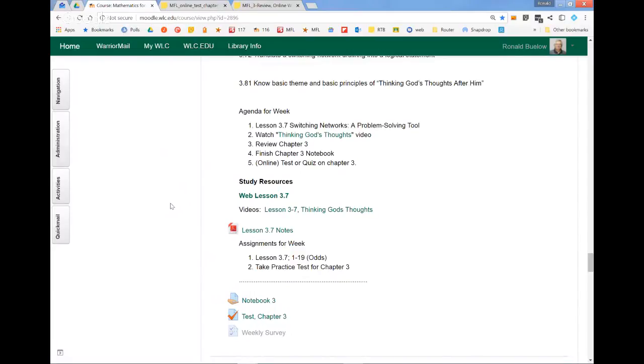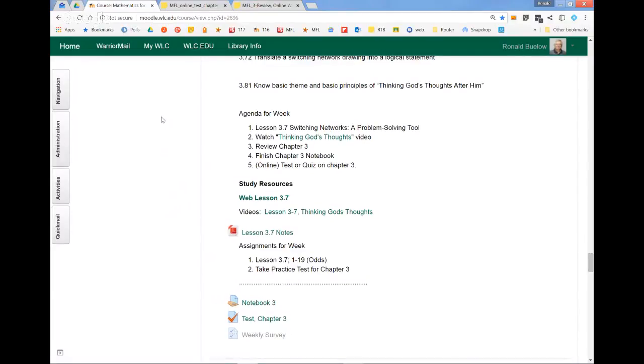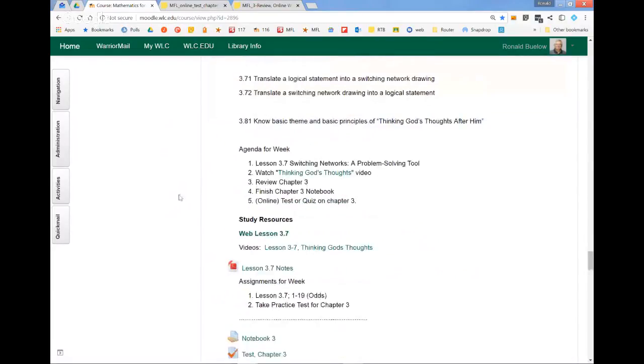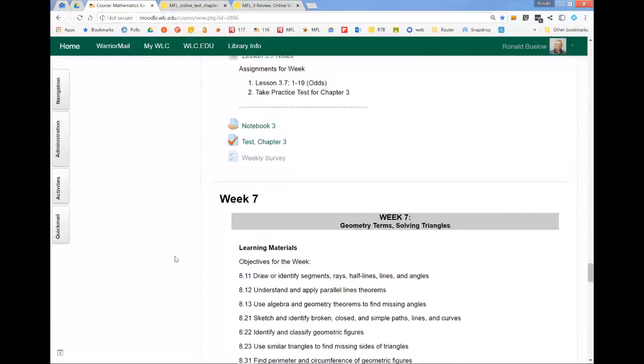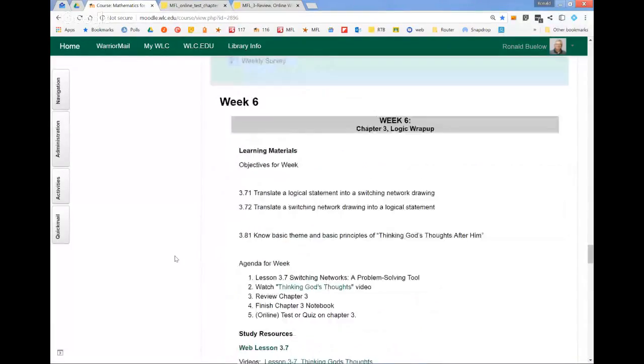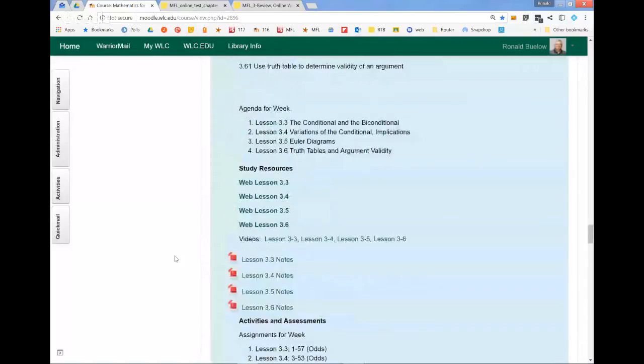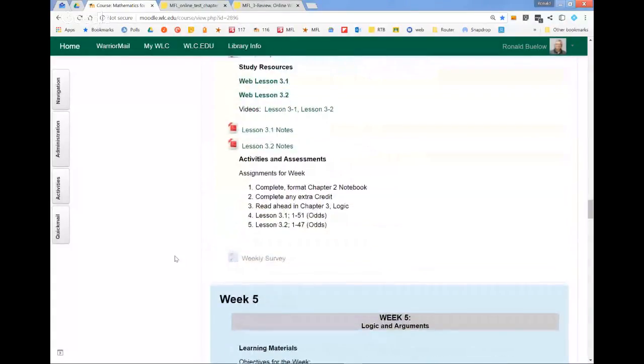We'll still focus on this week and next week being done with the chapter, but then we'll have a week to check in and do more questions, and then we'll have the notebook and test be in week 7. So I should have realized, tonight you guys all have been asking questions on 3.1 and 3.2, which is fine. That's good.